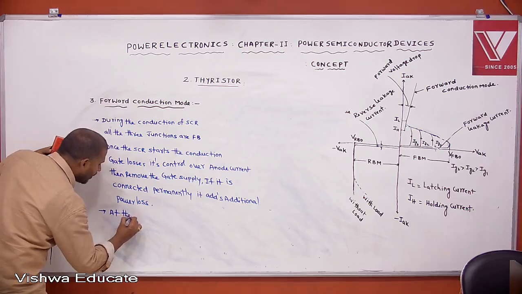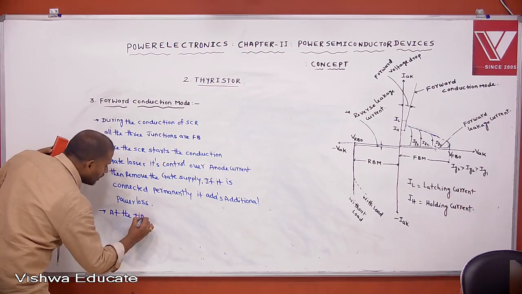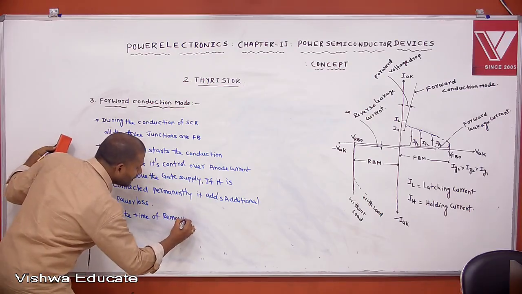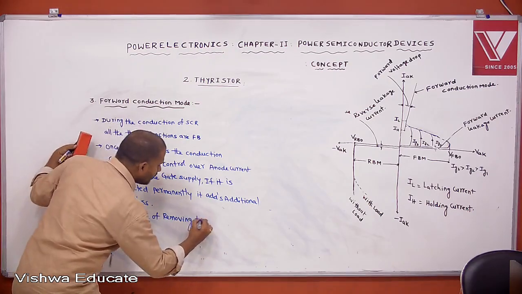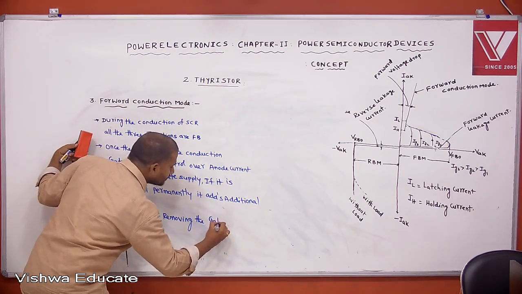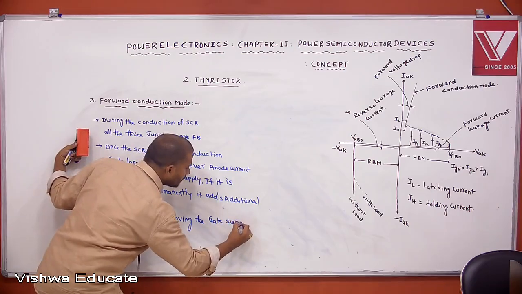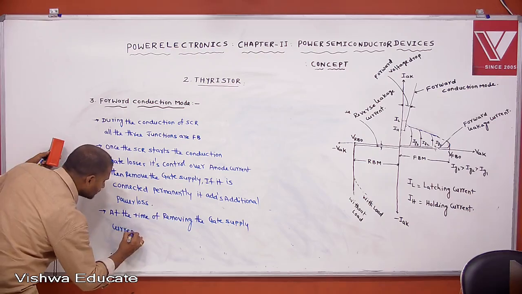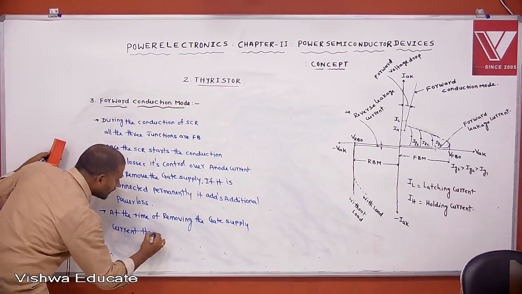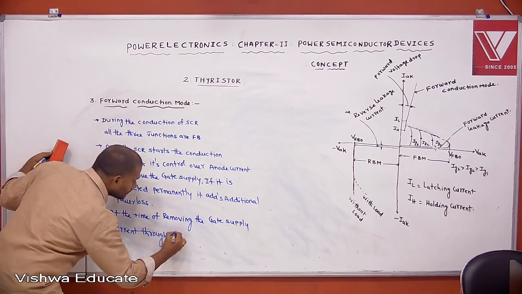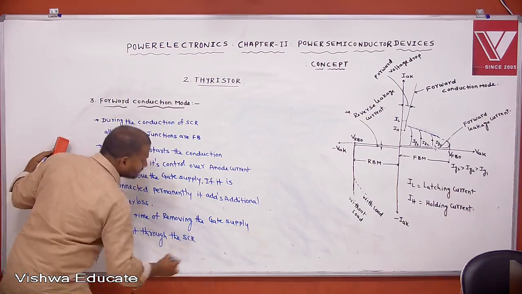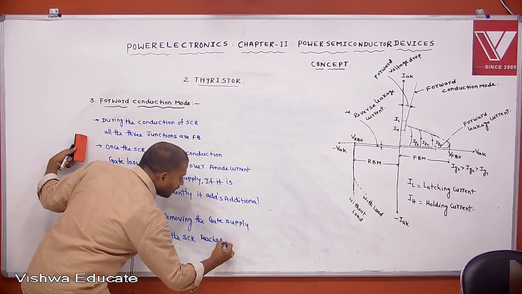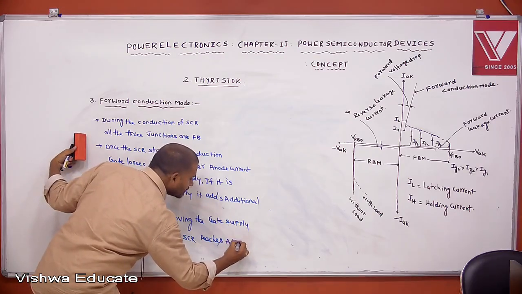That's why at the time of removing the gate supply, current through the SCR reaches a minimum value of current.